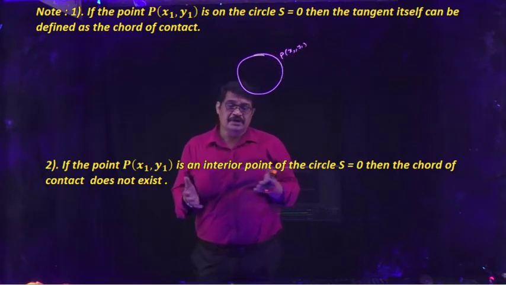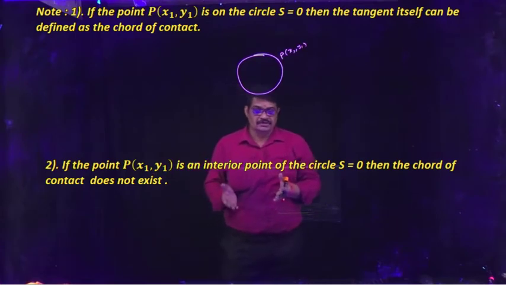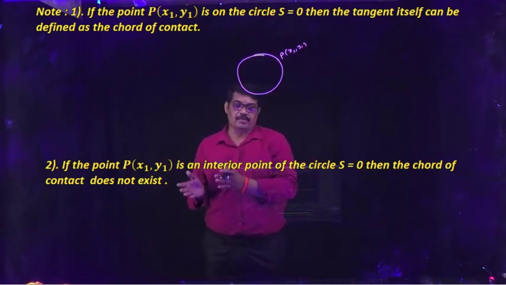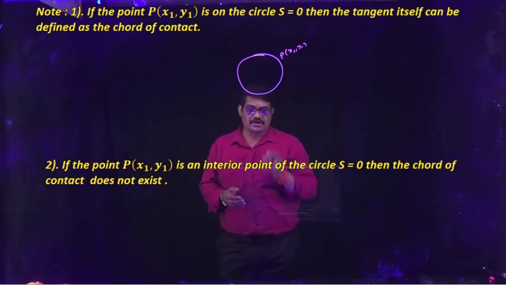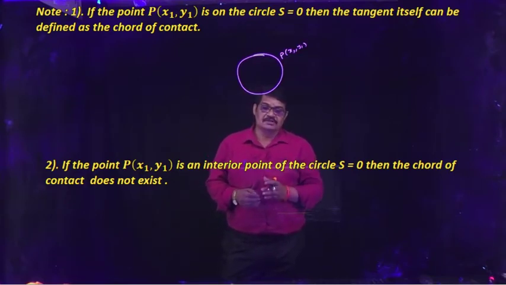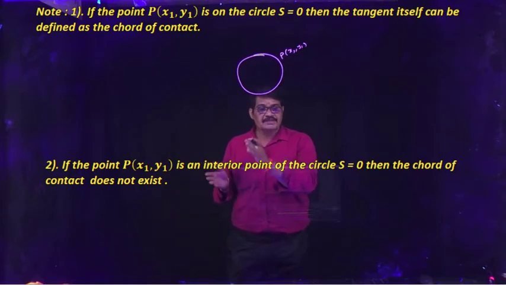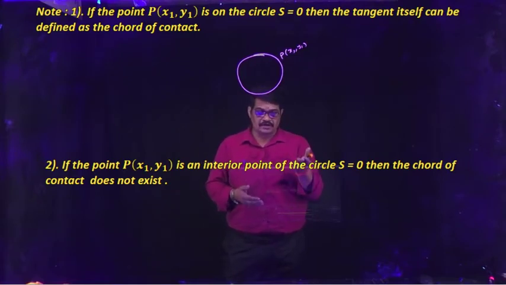What is the definition of the chord of contact? Draw the tangents from the point to the circle. The line joining the meeting points is the chord of contact. In this case, if the point lies on the circle, what is the chord of contact?